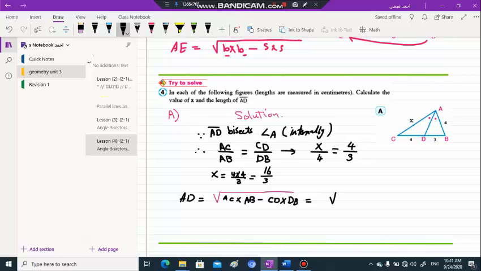So square root of AC, which is 16 over 3, multiplied by AB, which is 4, minus CD times DB, which is 4 times 3. We can calculate this value with a calculator. So it will be 2 root 21 over 3 centimeters.